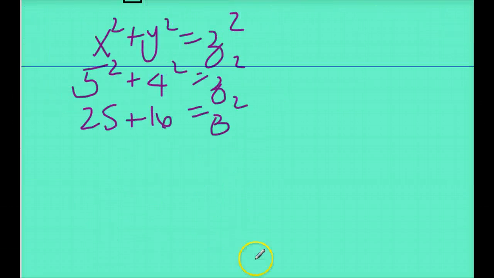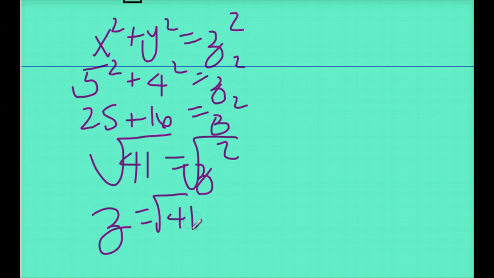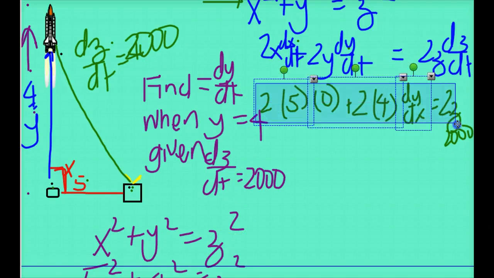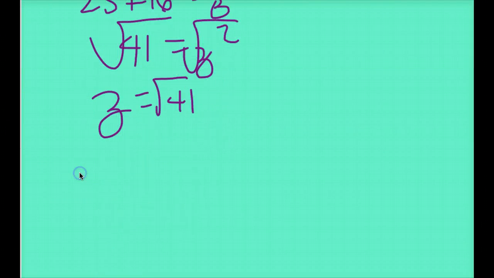And if I add those up, 25 plus 16 gives me 41. So z is equal to the square root of that, so z is equal to radical 41. So let's go ahead and take these numbers right here and plug everything in into the right spots.